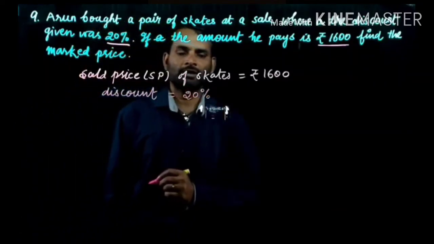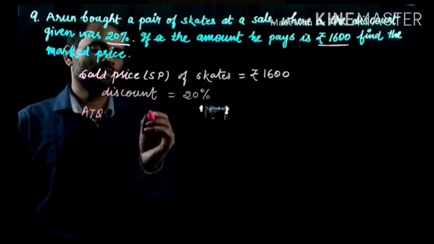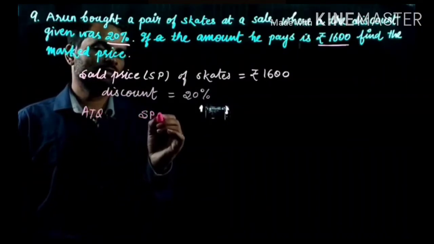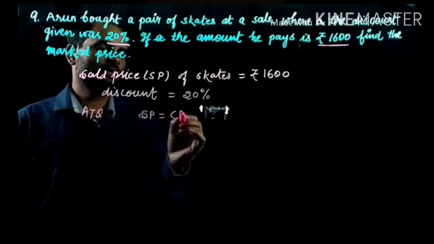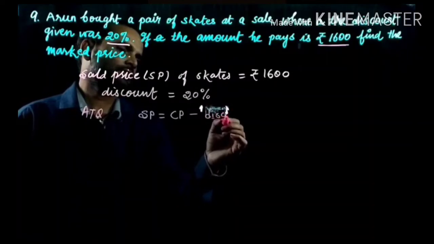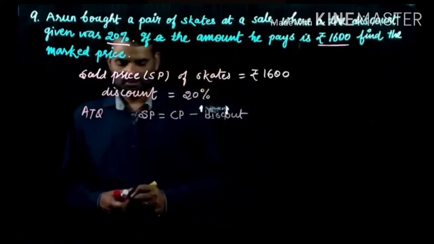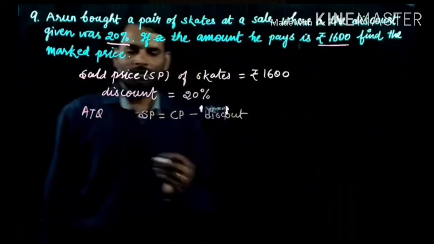So you write according to the question: SP is equal to CP minus discount.